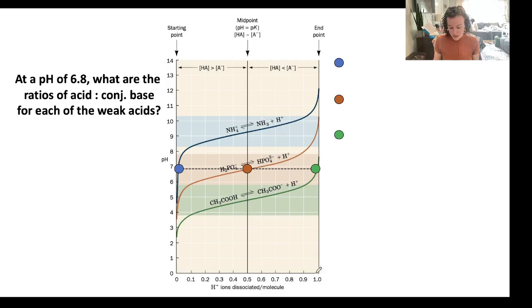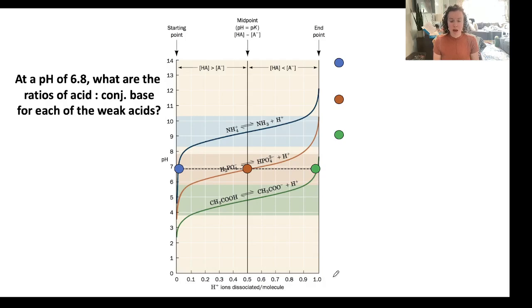And on the right-hand side of the axis at 1.0, that's when every proton has been lost, and we have all conjugate base present. Up on the y-axis, folks, you see pH, so we'll be looking at different pHs, how many protons have dissociated for each of these 3 molecules.